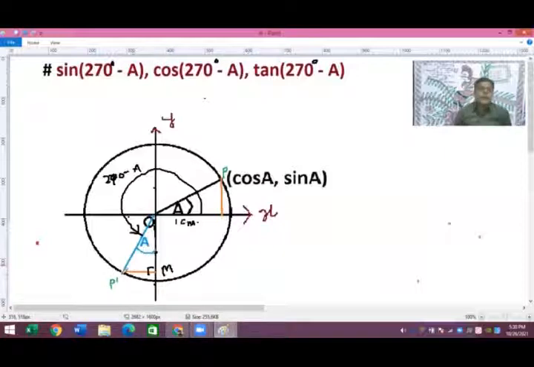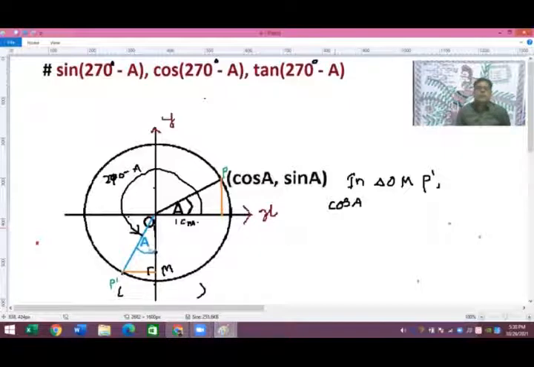And now we'll find the x and y coordinates for this P dashed. So first of all, in the triangle OMP dashed, you can name anything for the foot of the perpendicular or for the other vertices.